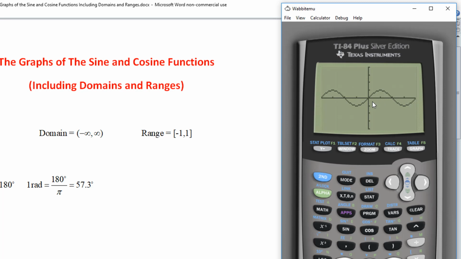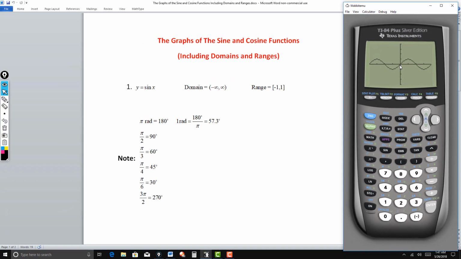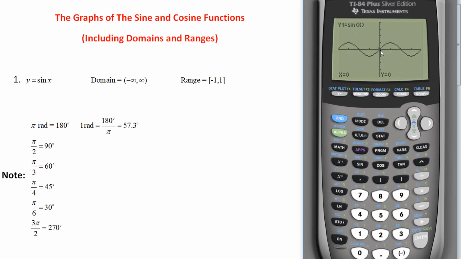Now we talk about periodic functions. Okay, so the trigonometric functions are periodic. They repeat at a certain interval. Okay, so if we look at the sine function here, I'm going to do a trace. I'm going to hit the trace key, and so right there at the origin, that's 0 radians or 0 degrees.